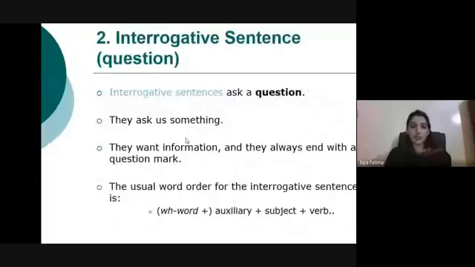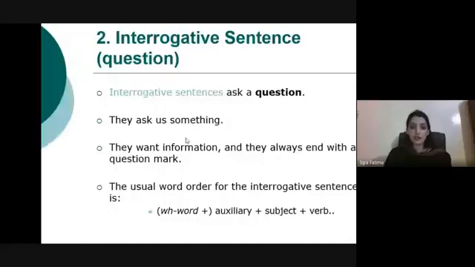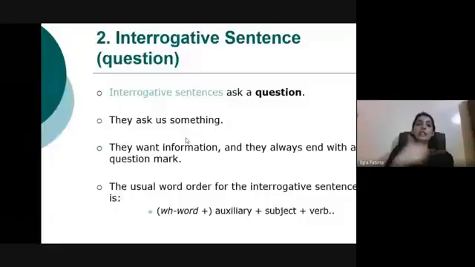The second type of sentence is the interrogative sentence. Another name for these types of sentences is question, in which you need to ask a question, for any information. In this you are not stating anything, you are asking for information. The structure of this sentence is that you write WH words or auxiliary verbs, and then you write subject and verb.